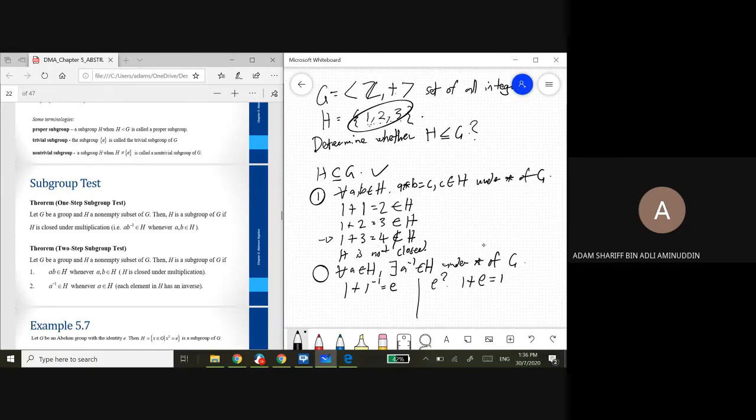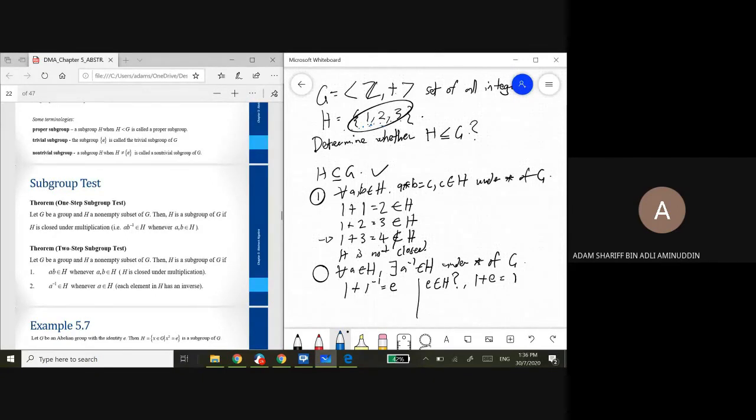Don't forget, E must also be in H. Is there one in H? There isn't.